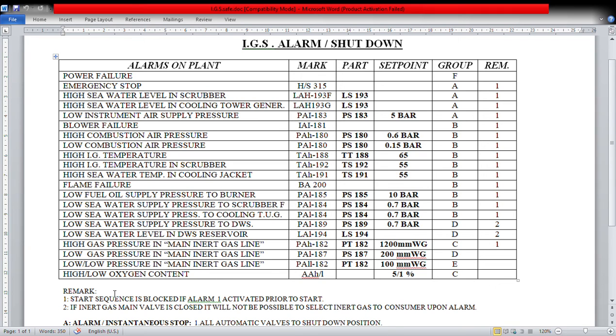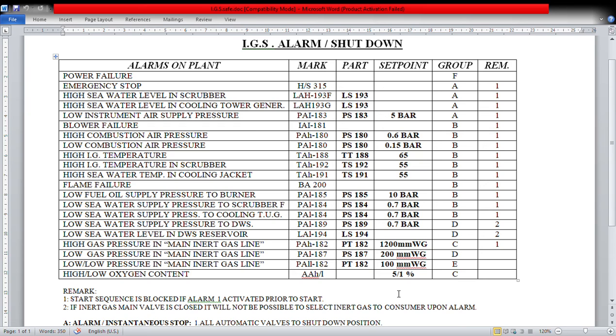This is again the flame failure part, and this high low oxygen content. Sometimes in older ships you have to continuously monitor and continuously adjust. The low value cannot be less than 1%, and the high value cannot be greater than 5%. Now, why this oxygen content is important is because of the flammability diagram.